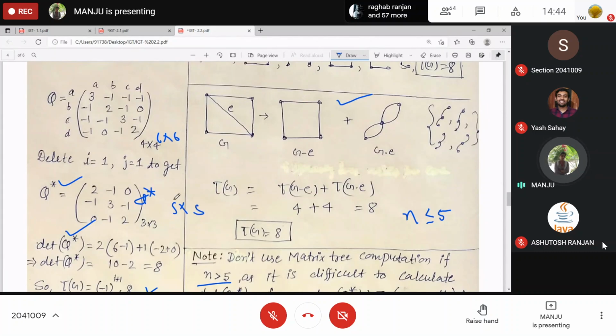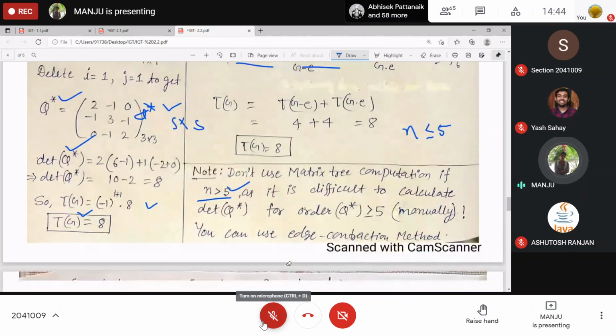Then finding the determinant of Q star will be a more difficult task, right? Rather than solving these. So you can always go for this one whenever you have this type. Okay. So that's the end of this theory.